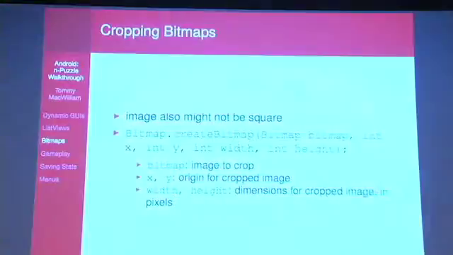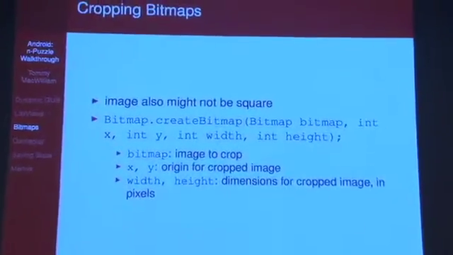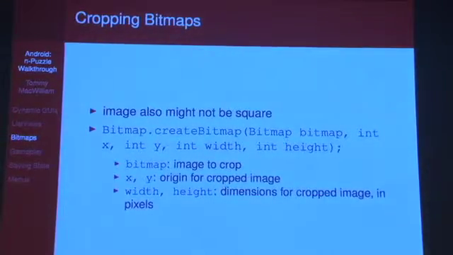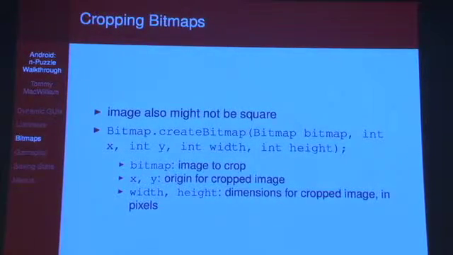And this, again, is going to take some internal representation of an image, which could be something that you just scaled, or it could be your original image. And now we can start breaking it up. It's going to take as arguments now, in addition to the width and the height, where you want to start cropping from. So if I want to start cropping from, say, the middle of the image, I might want to specify as the x and y something like 100, 100, because 0, 0 is going to be in the top left corner.